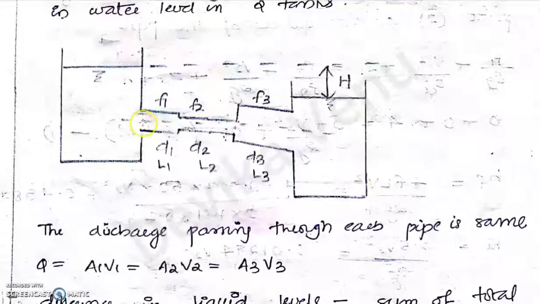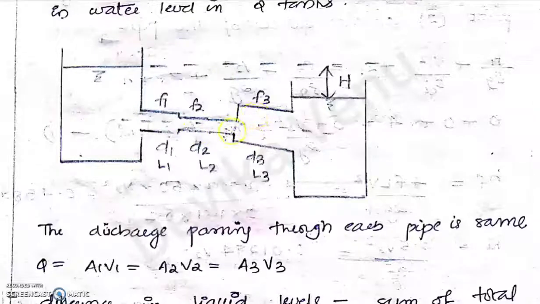First, entrance: head loss due to entrance is 0.5 V1 square by 2g. Then there is head loss due to friction, then it is contracting, so there is an equation for contraction. Then again passage through the pipeline, so there will be head loss due to friction again.